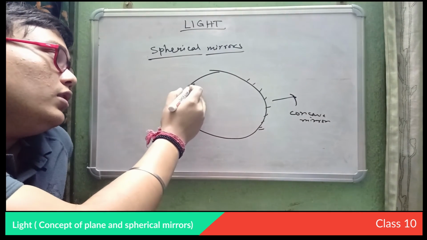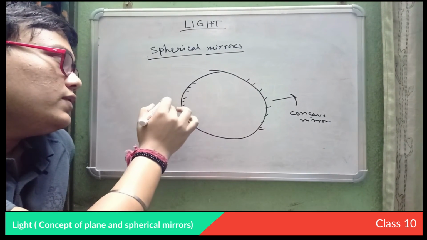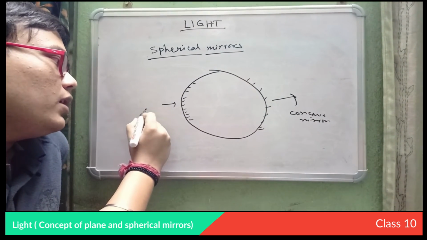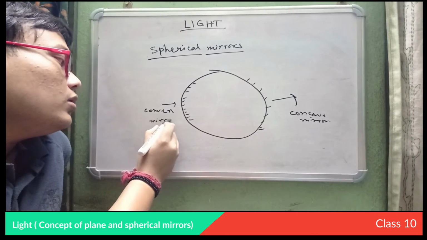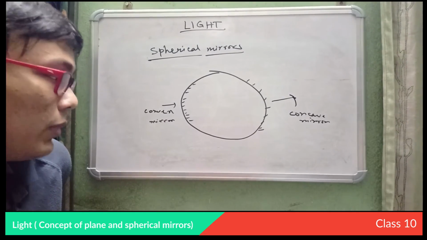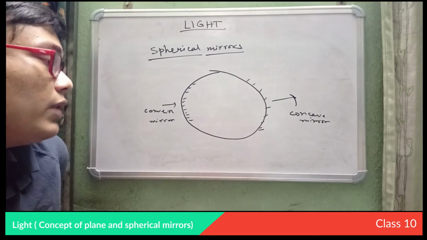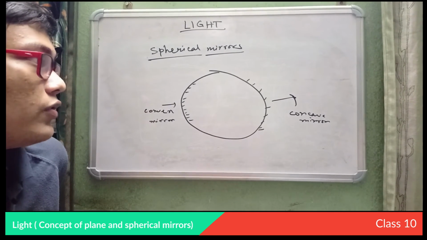And if it is polished on this side, so the reflecting surface is curved outwards, this surface becomes the convex mirror. Thus we say that spherical mirrors are part of a hollow sphere. That is why we call it a part of a hollow sphere.